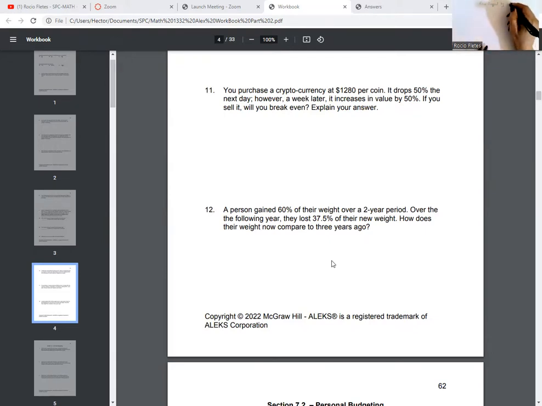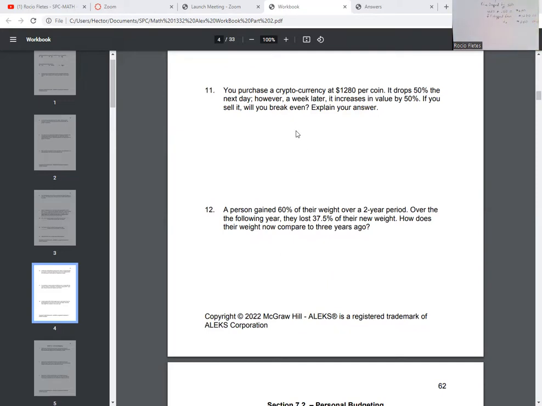You want to calculate 1,280 times 50%. That's 640. So it dropped from 1,280, the old price, to 640. So old price and new price.